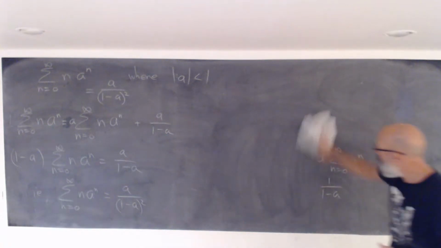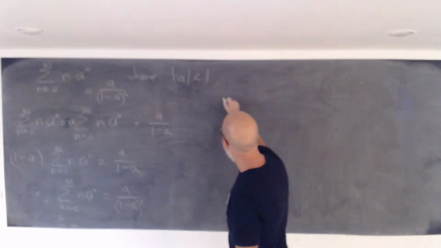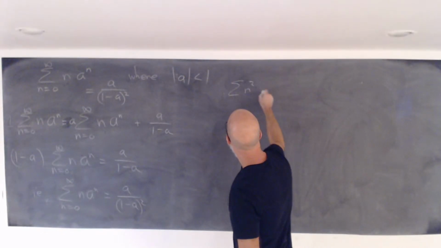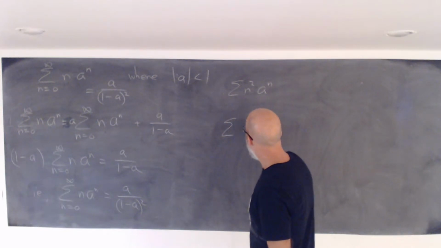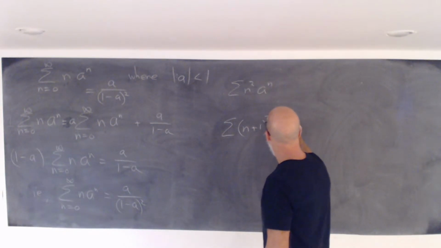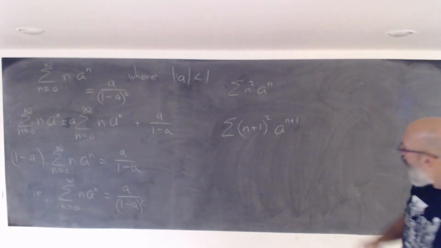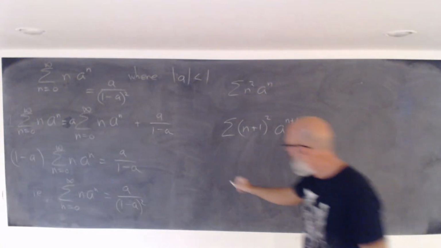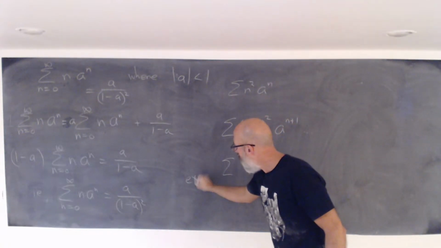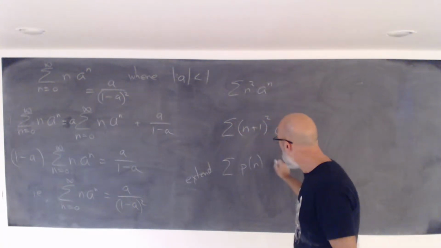You can do the same thing with n squared by looking at (n plus 1) squared a to the n plus 1, and n cubed, and n to the 4. And in fact, you can extend to any polynomial.